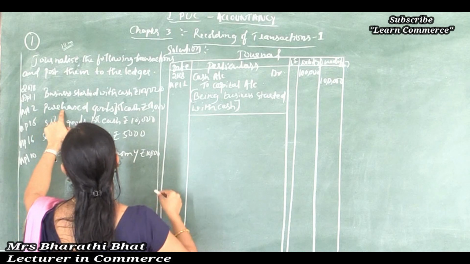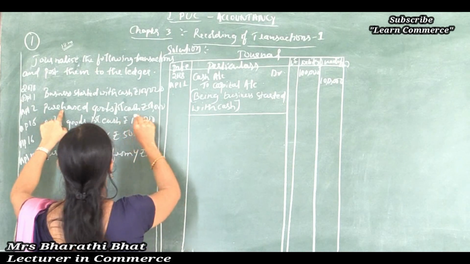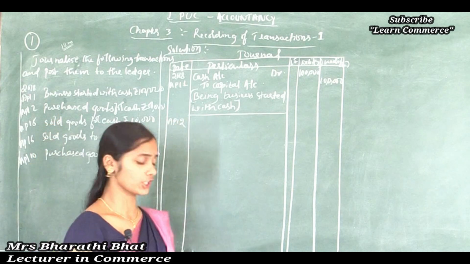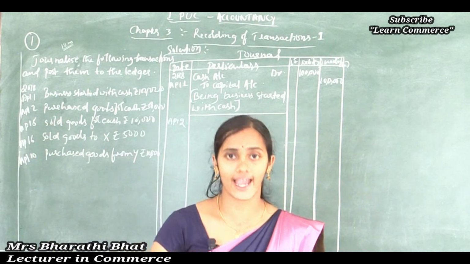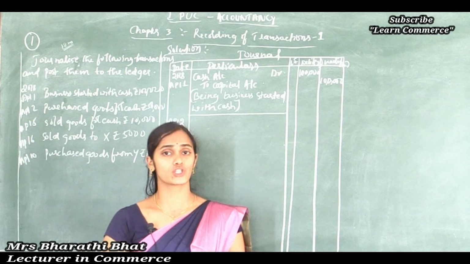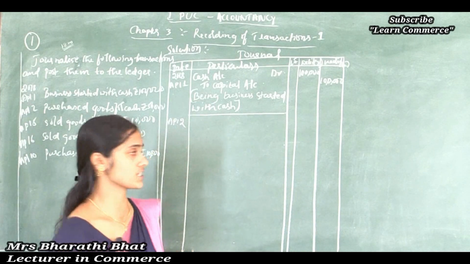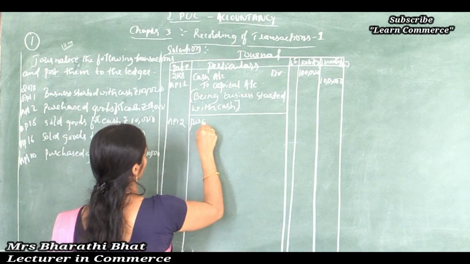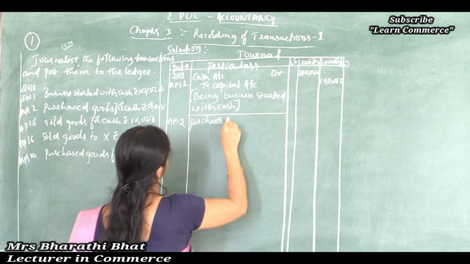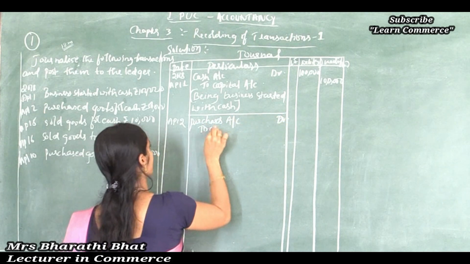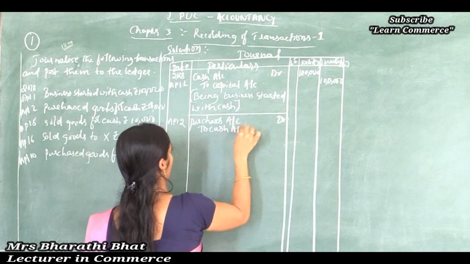So next, purchased goods for cash. April 2nd, purchased goods for cash. Purchase is an expense, cash is an asset. Increase in expenses is to be debited. Which account is debited here? Purchases account, because purchase is an expense. So purchases account debited to cash account.